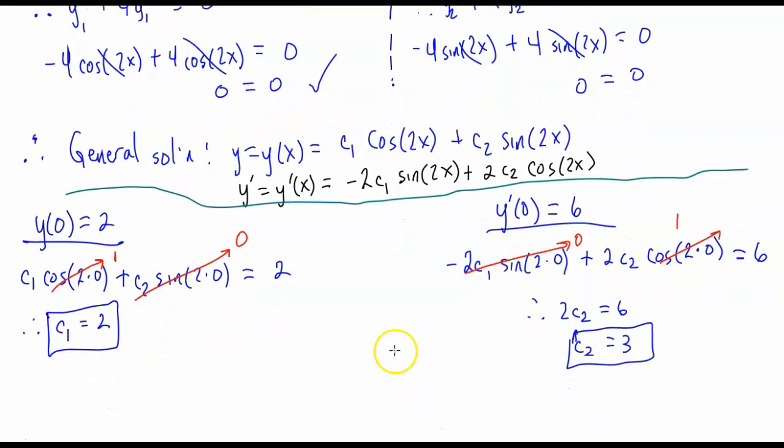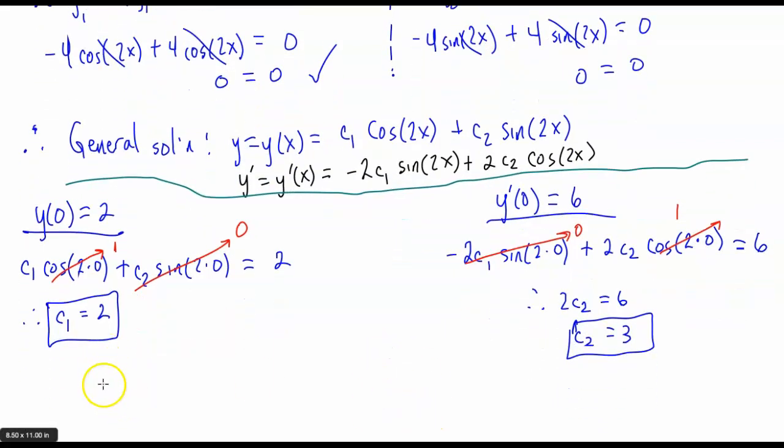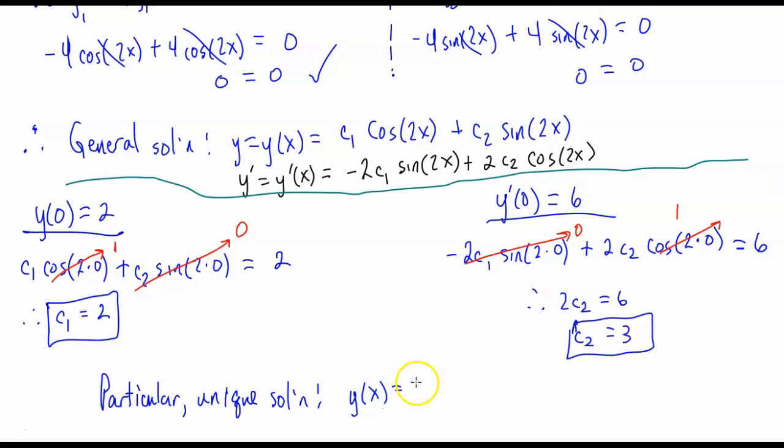And so now from here, what we know is that our particular unique solution to this ODE will be y of x equal to, since C1 is 2, 2 cosine of 2x plus 3 sine of 2x.